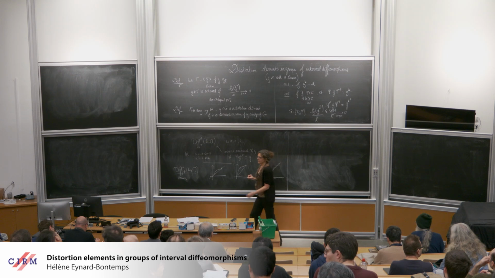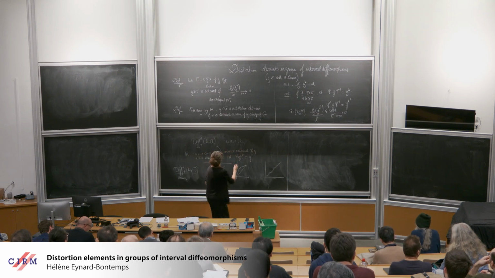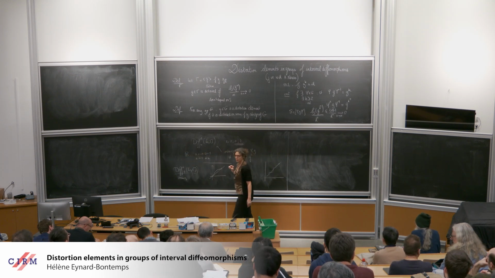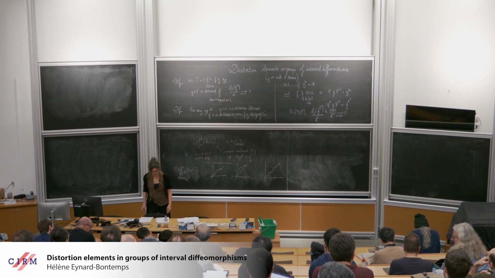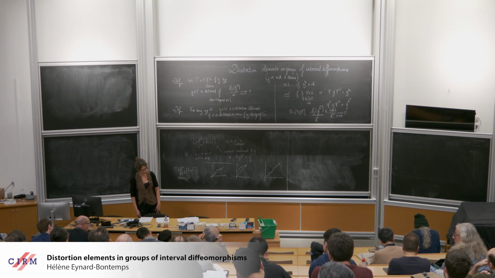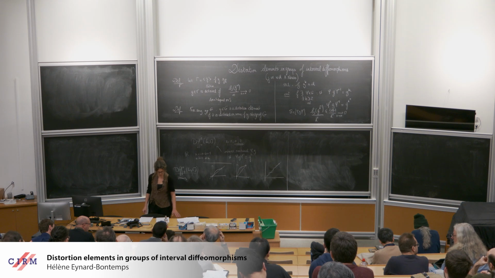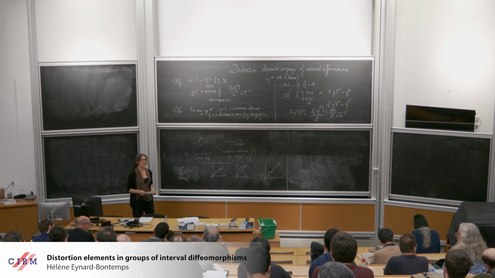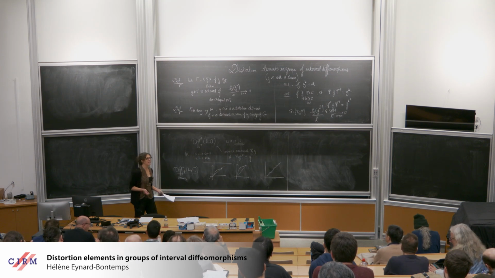Okay. So I'm mostly going to be interested in these two regularities. And in just a minute I'm going to give you examples of diffeomorphisms which cannot be distortion elements. And for that, I need a criterion. I need an obstruction to being distorted.